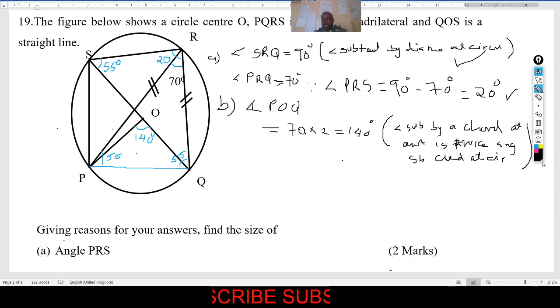So the angle subtended at the center is twice the angle subtended by the same chord at the circumference. Now part C, we find angle QSR.